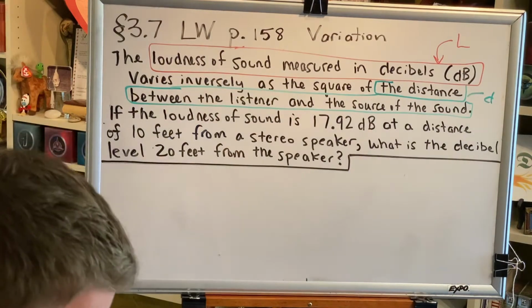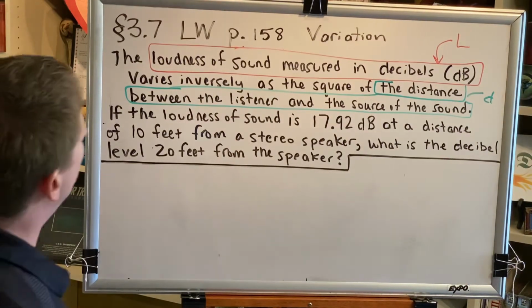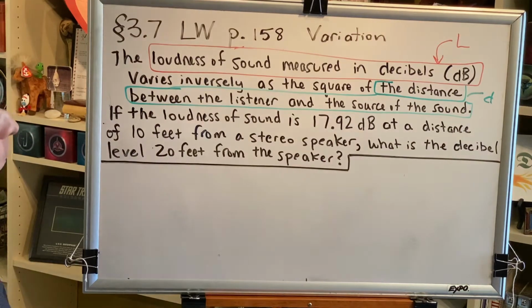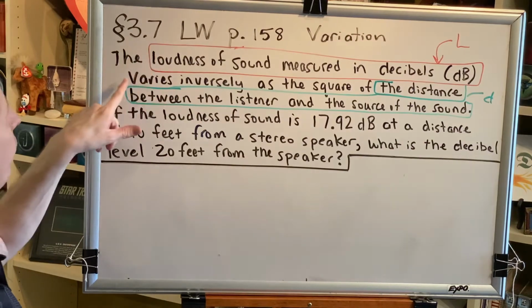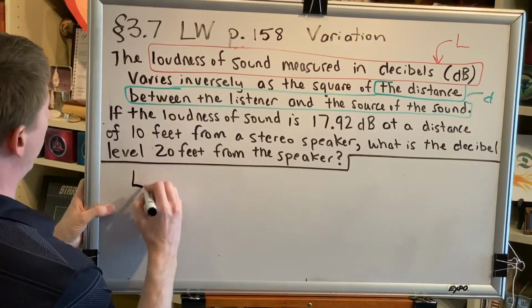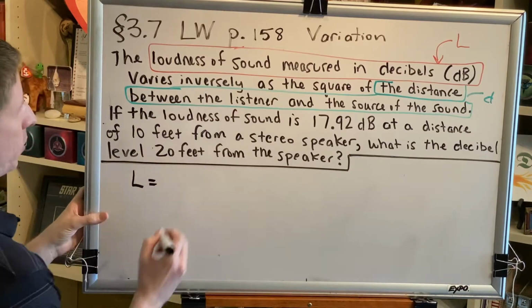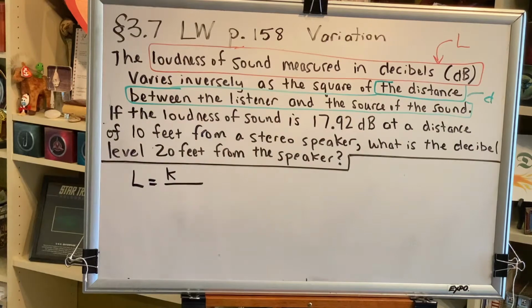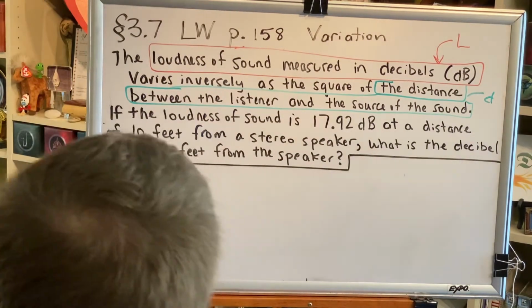Okay, so now we're ready to write our variation equation going through the 6 steps. First step, identify what's doing the varying. It says the loudness varies. Loudness is L, so we start with the equation L equals. Step 2, create a fraction with a K in the numerator. Step 3, look for the ly word.